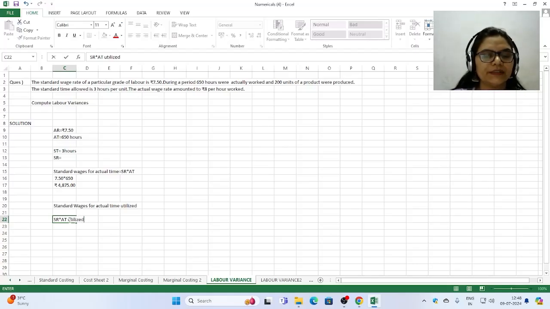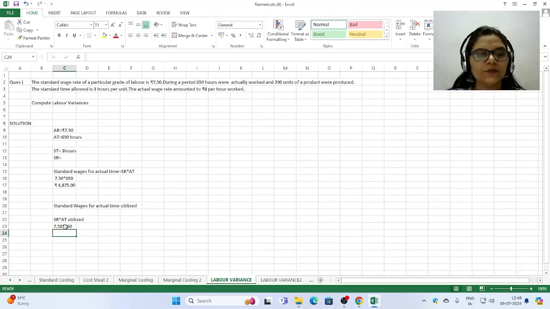Standard rate is 7.50 into actual time utilized, 650 hours. It is rupees 4875.